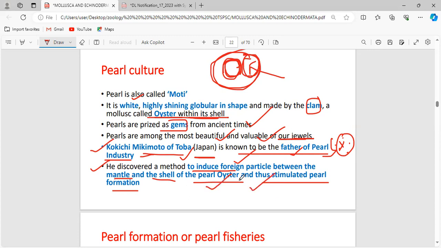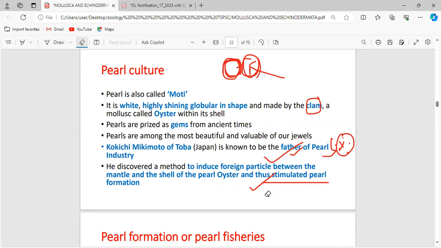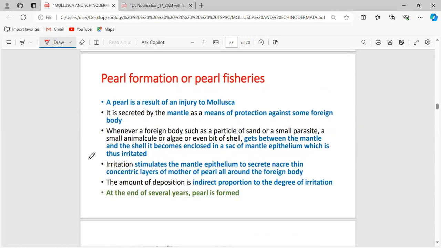This is what he discovered. That is why he is said to be the father of the pearl industry. Clear? So you have to know the pearl will be formed between the mantle and the shell. That is the location where the pearl will be produced.